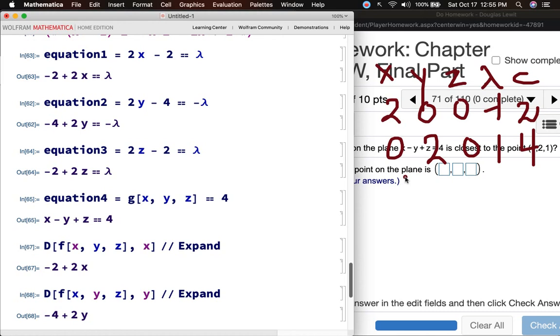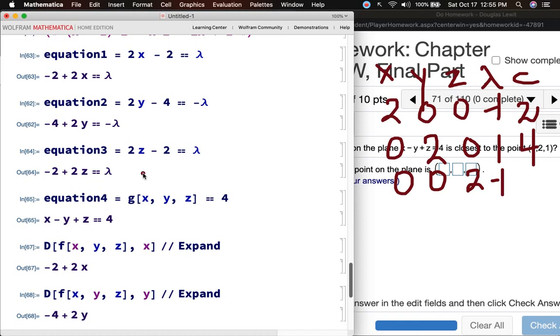And then I'm looking at my third equation. There's no X, there's no Y. There is a Z, the coefficient is 2. I'm going to put lambda on the other side of the equal sign, so the coefficient is -1.